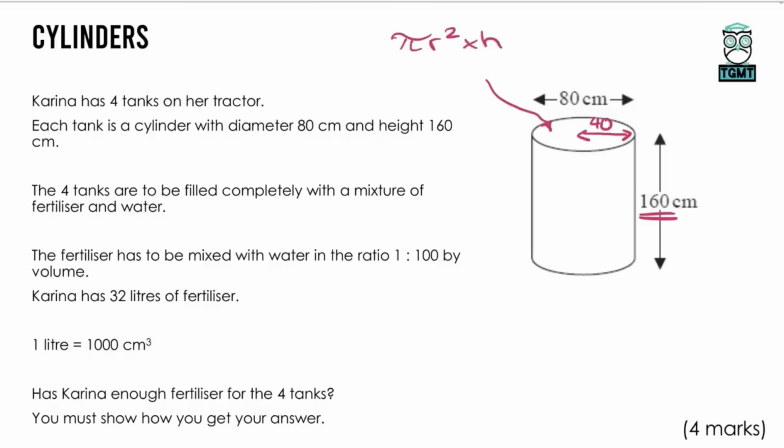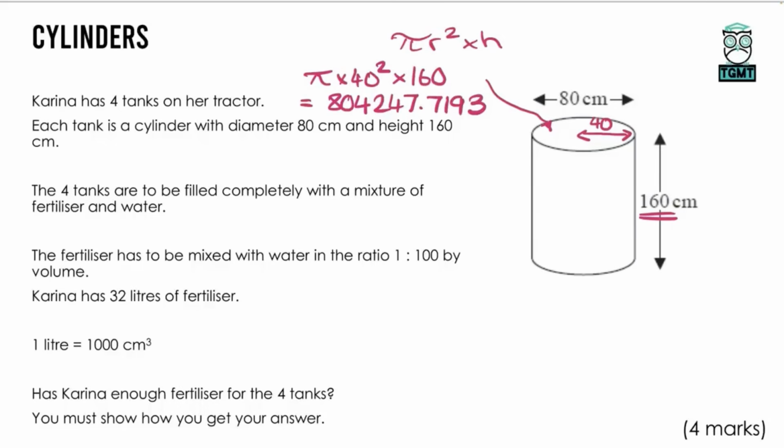So if we work that out, that's going to be pi times 40 squared, and we can either type that in and then times by 160, or we can just times by 160 straight away. Let's write that down then: pi times 40 squared times 160, and that gives us a very large volume, 804,247.7193.